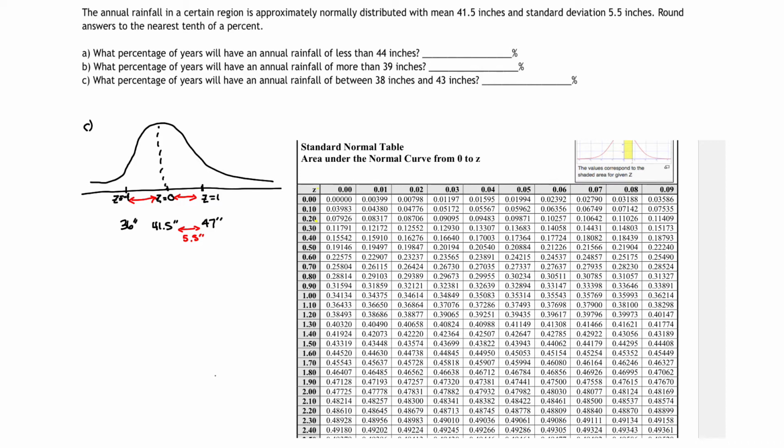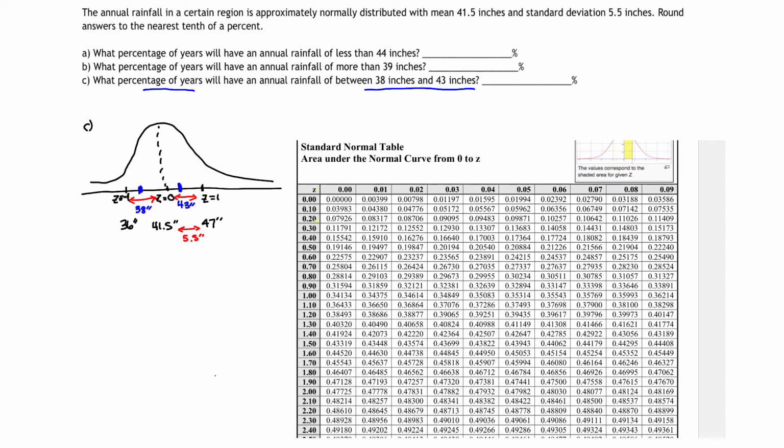So now I have a picture of what's going on, and I can address the question that's being asked. What percentage of years will have an annual rainfall between 38 inches and 43 inches? Well, I can see that 43 inches lies somewhere here on my graph, and 38 inches lies over here on this side.